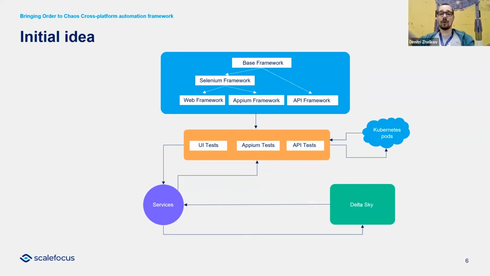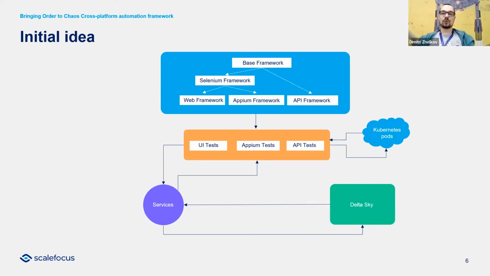Then we imagine that we would have the tests themselves. So there would be a separate project. And then we would have this DeltaSky, that's how we called it actually. The application itself. So this DeltaSky would communicate through a service, which, the initial thinking was, we would send a JSON of what we want to execute, how we want to execute these tests.